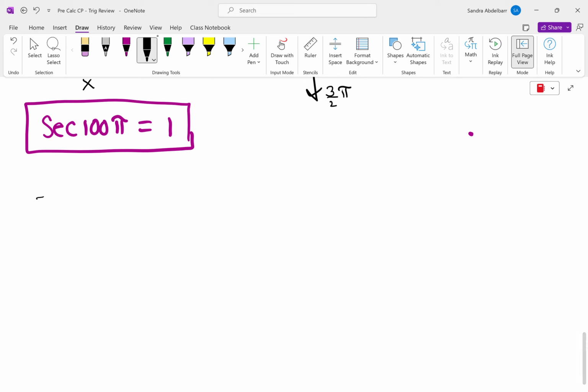I want you to do, I don't know, the tangent of 2 over 4 pi. When you're doing the radian stuff, you're basically just focusing on these two numbers and then minimizing them as much as possible and slapping the pi on there. Okay.